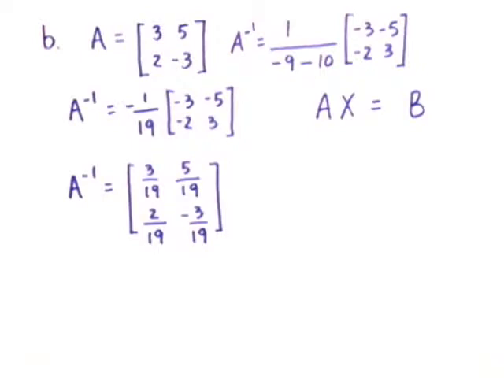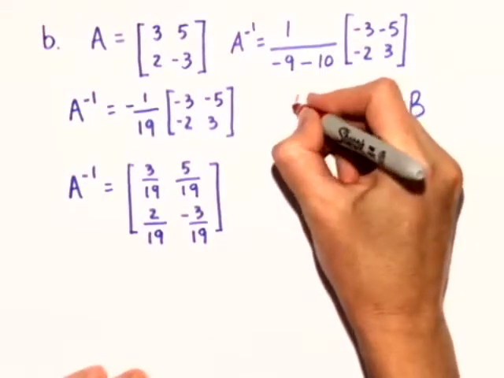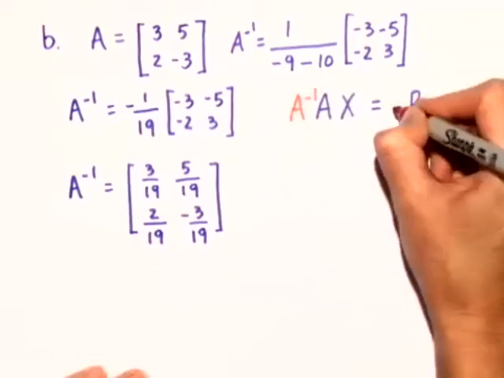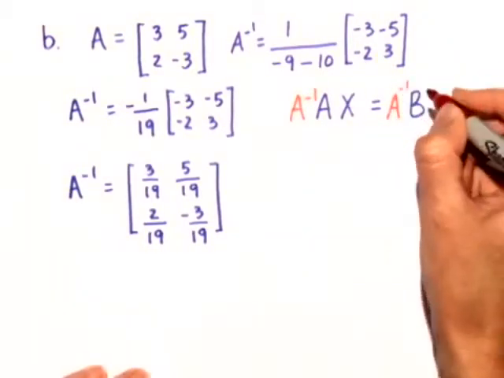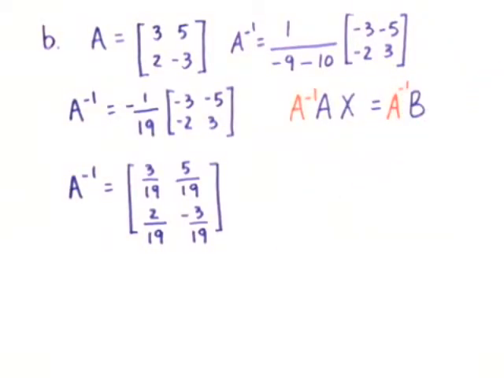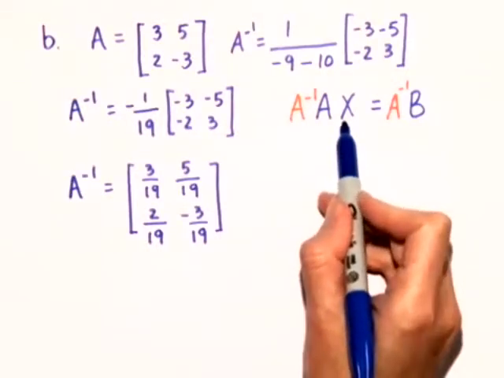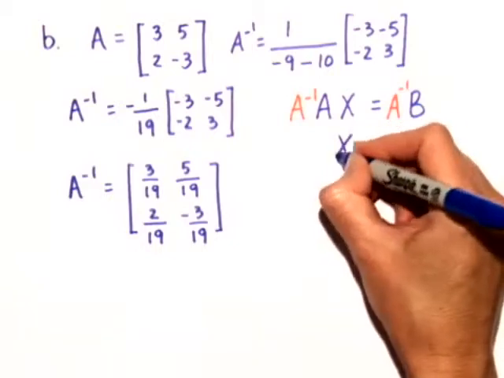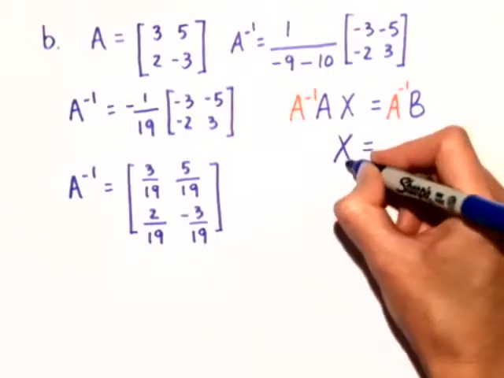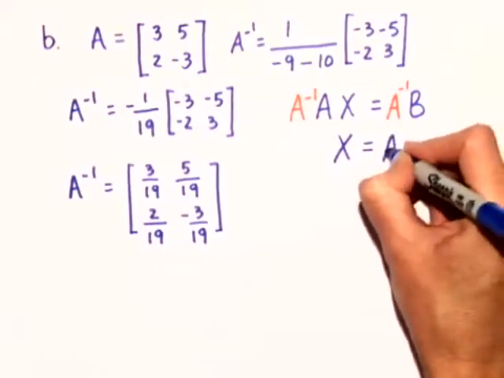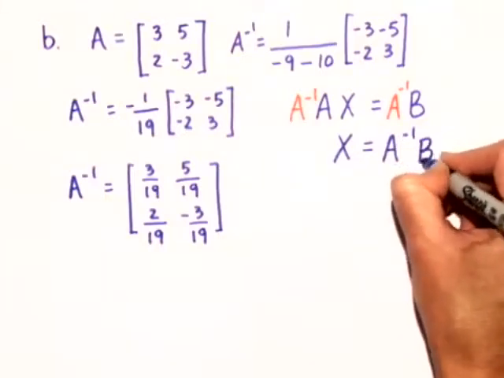Remember, if you multiply each side on the left by A inverse, A inverse times A is just the identity matrix. So we have a matrix X, which is our solutions, and that's equal to A inverse times B.